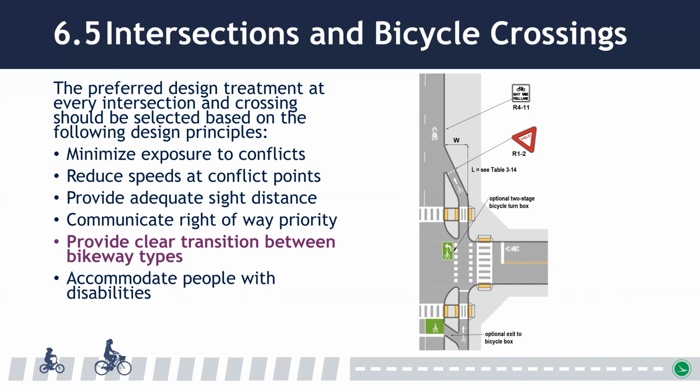Where possible, transitions should also reduce delays for users. For example, in the image shown, a bike box is provided for bicyclists who arrive at the intersection on red, while the bike lane extends through the far side of the intersection for bicyclists who arrive on green. Several examples for bikeway transitions are discussed in earlier sections of the guide.